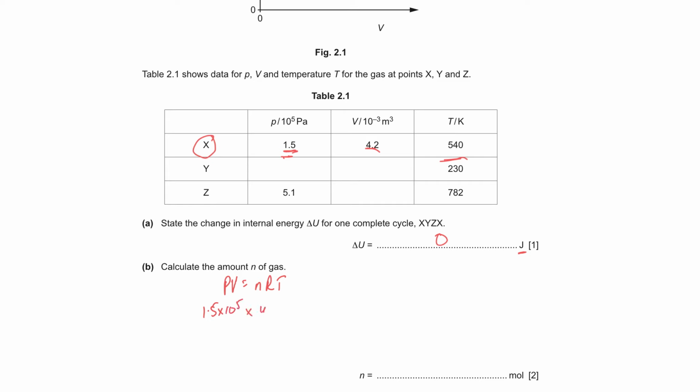The volume is 4.2 × 10^-3 meter cube. n is our unknown, R the constant 8.31, and T is 540 Kelvin. Rearranging and solving for n would give us 0.14 mole.